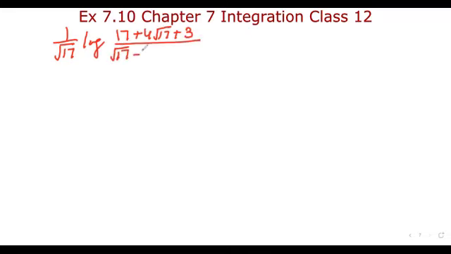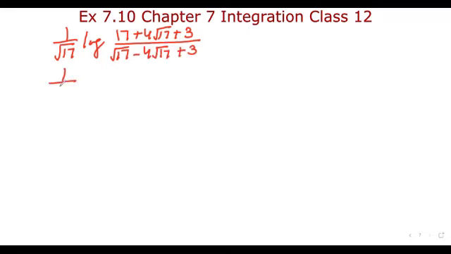So this will be 1 by root 17 log. Now multiply the terms. Root 17 times root 17 will become 17 plus 3 root 17 plus root 17. It will be 4 root 17 plus 3. And here this will be root 17 minus 4 root 17 plus 3.